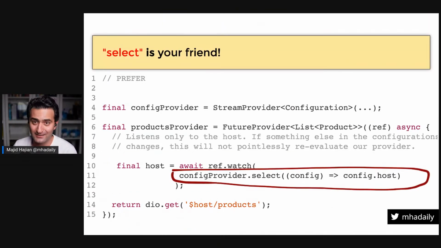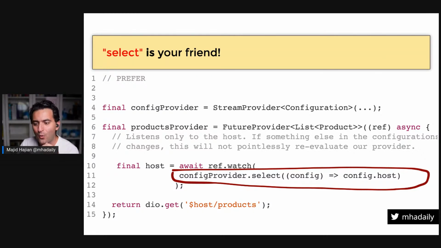Use select instead. Select is a very nice operator, a method where you can select one piece of your state from the class that you pass. Like in this case, in the configuration, I do not listen to all changes in configuration. If the host is changing, I want to refetch my products.